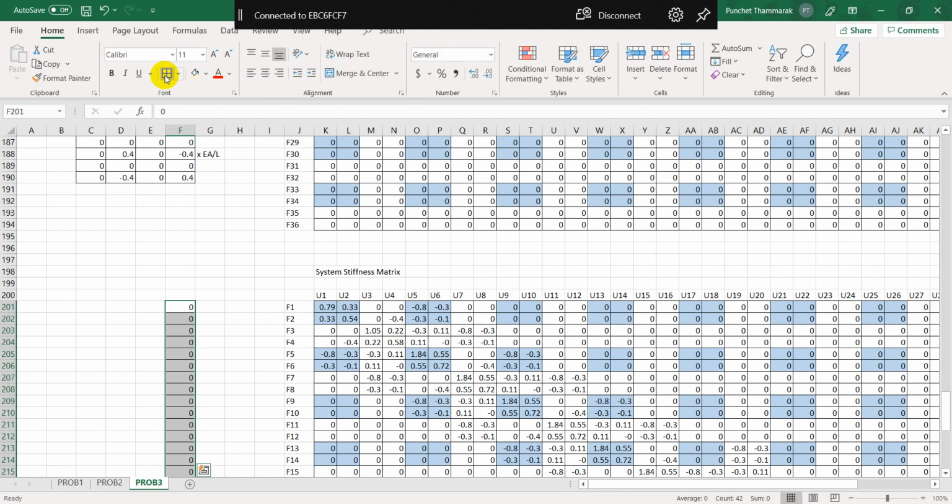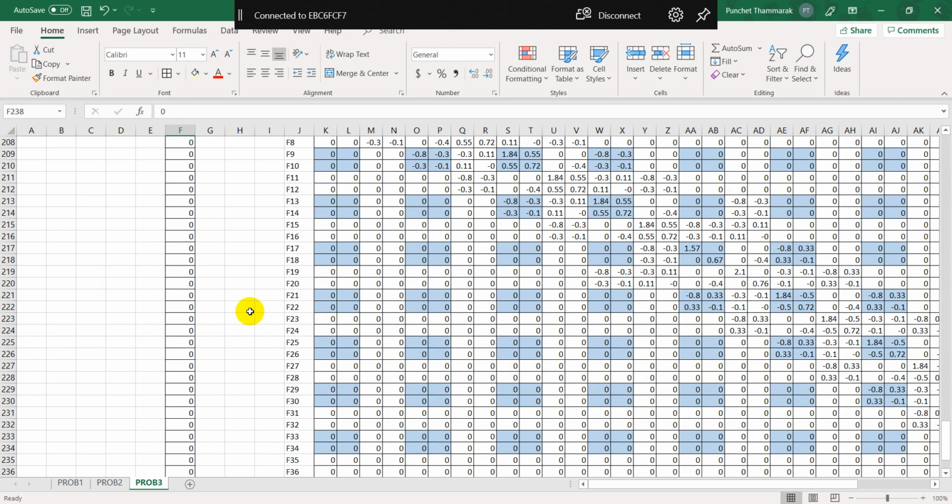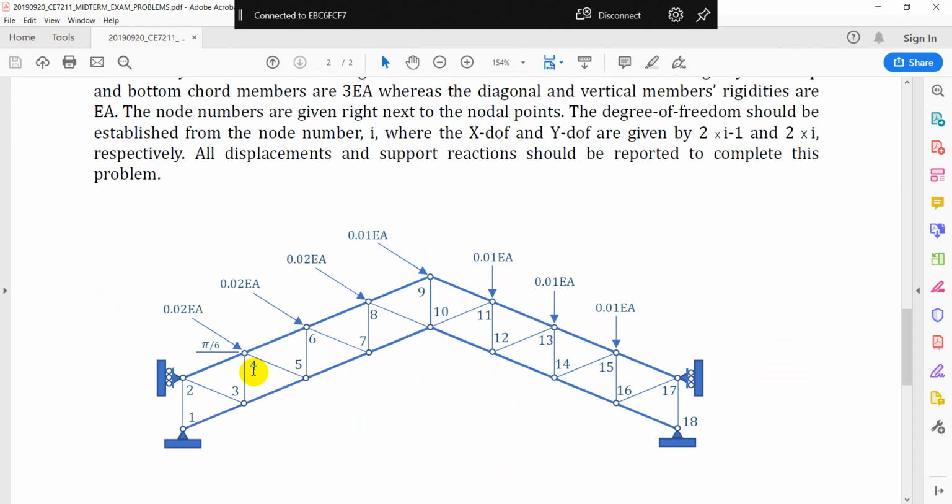Zero it out first for now. No prescribed displacement, so they are all 0 here. Now come back. Pi over 6. 0.02 EA, right?